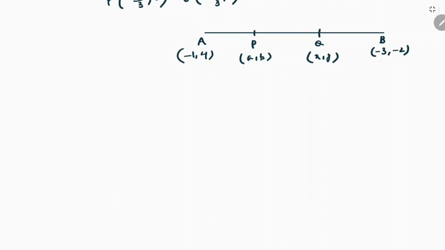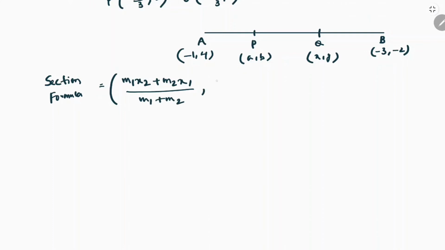So the 10th class section formula is ((m1 x2 plus m2 x1) by (m1 plus m2), (m1 y2 plus m2 y1) by (m1 plus m2)).